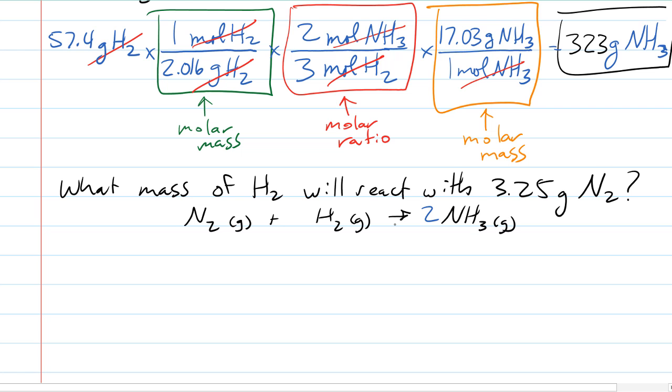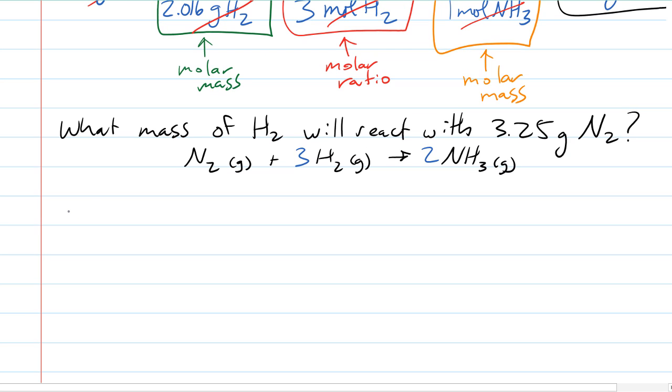Okay, let's start off with what we're given. What are we given in this problem? 3.25 grams of N2. What are we looking for in this problem? Grams of H2. So we start off with the shell of what we're given, what we're looking for.